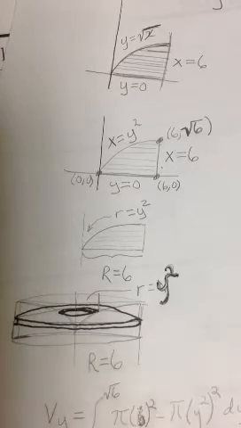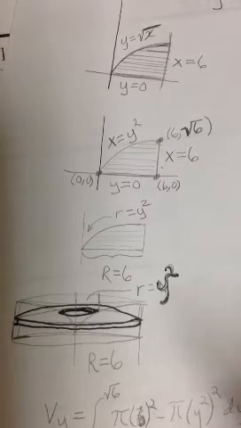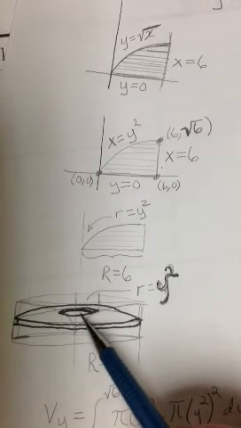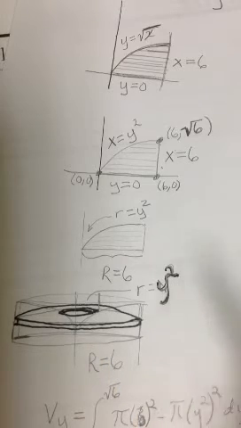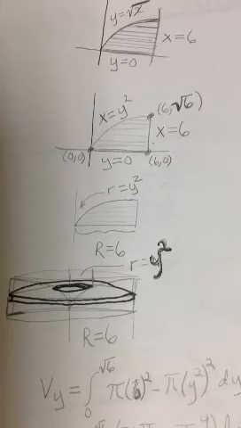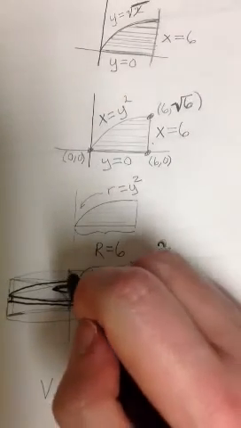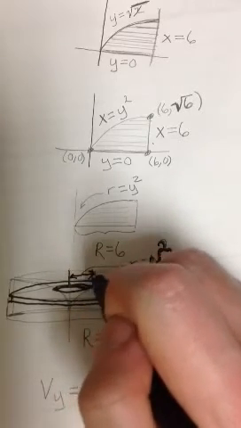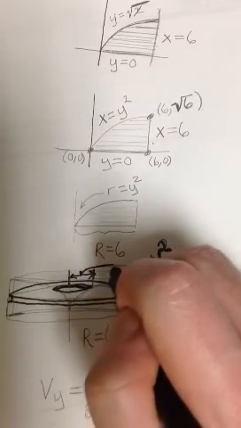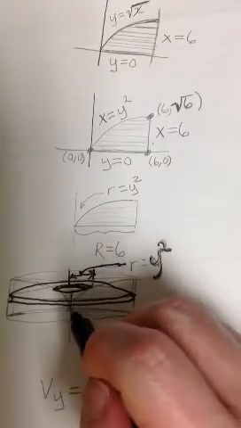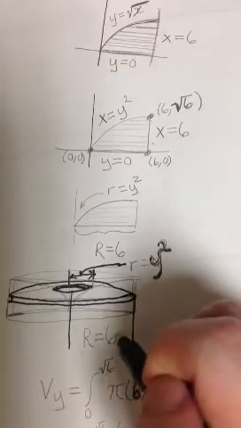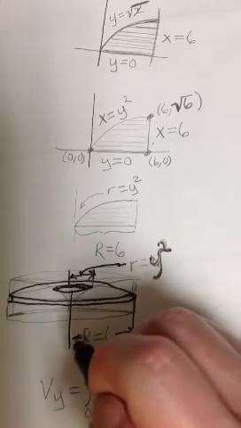What I did in advance was to take, visually speaking, a washer out, and with this section we have the inside radius, again at y squared, and then the outside radius equal to 6. So you have r is equal to y squared, and in terms of the outside radius, that is going to be at 6.